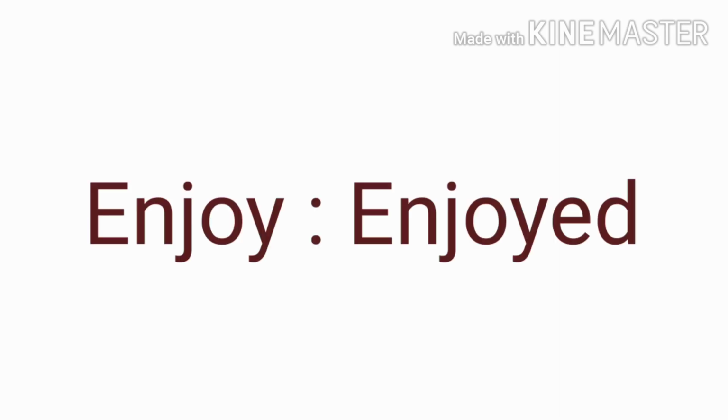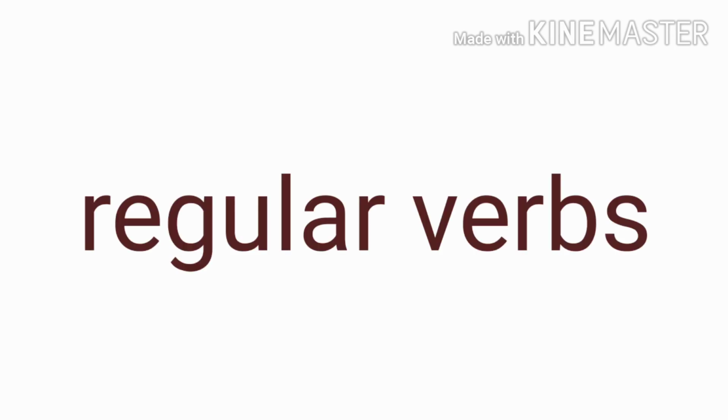Okay, for example, enjoy. For enjoy, you have to find out whether it's regular or irregular. It's easy. After y, what do you have to add? Ed. So enjoyed. And for the past participle, enjoy will be enjoyed. That will be considered a regular verb.